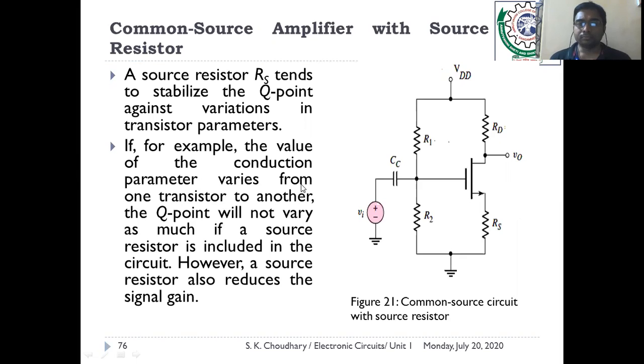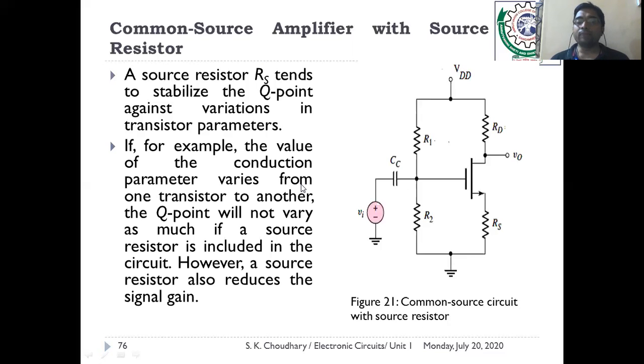Meaning if you have an N channel MOSFET 2N7000 that is made by one company, the same transistor made by another company, both conduction parameter values would vary.